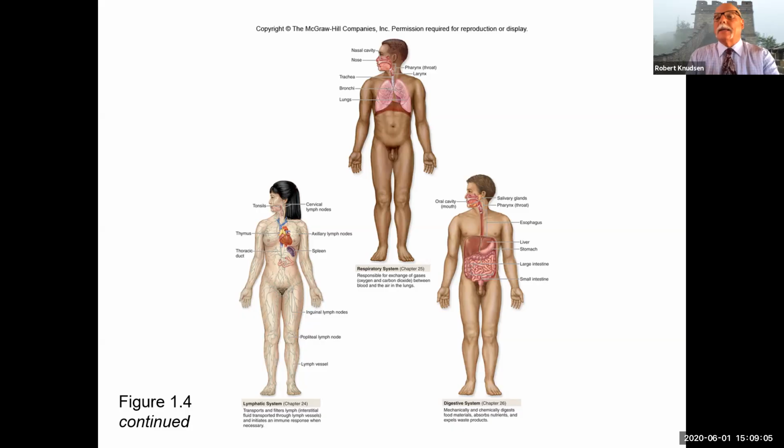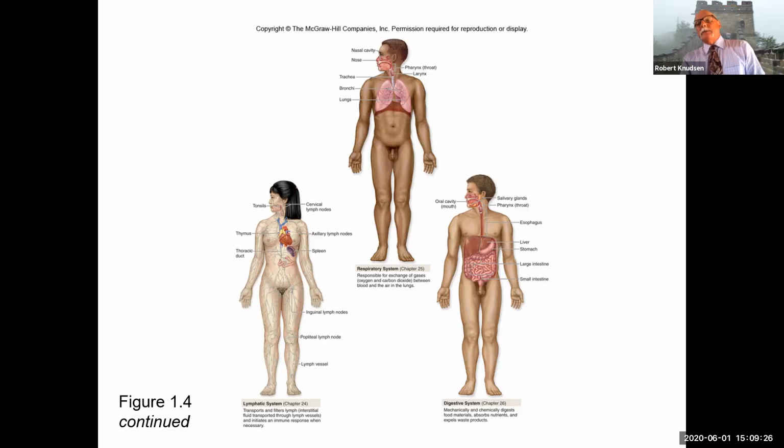It's lymph all the way until it gets back in the circulatory system. Then it's called blood. Pretty simple. Your lymphatic system is kind of like your circulatory system, and it circulates lymph and white blood cells.